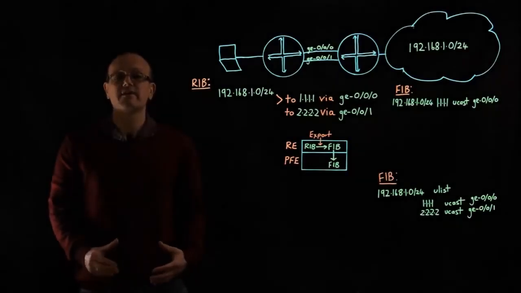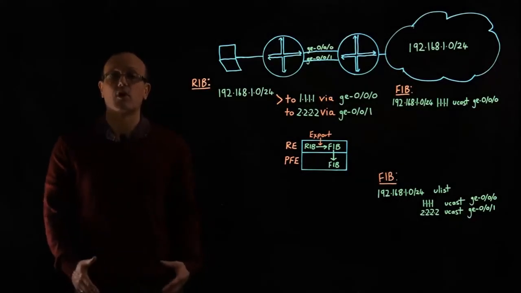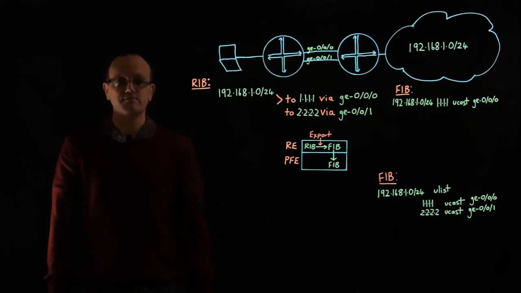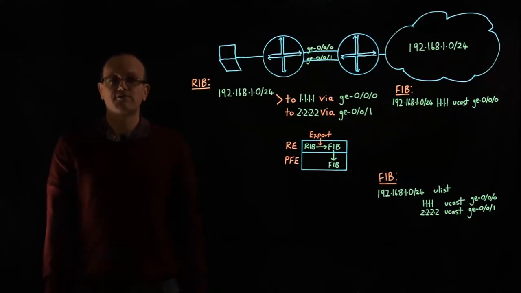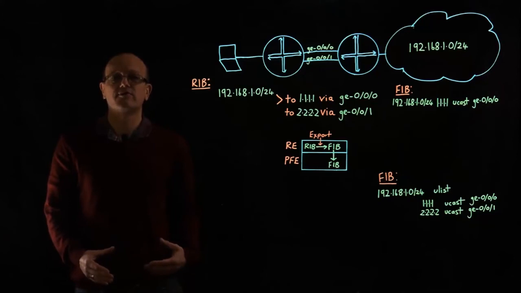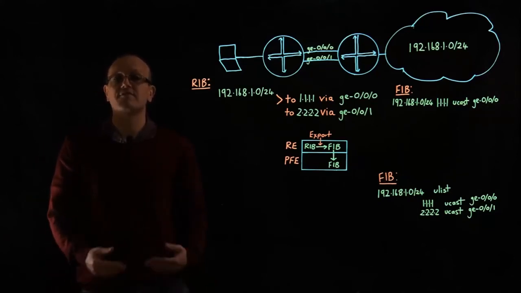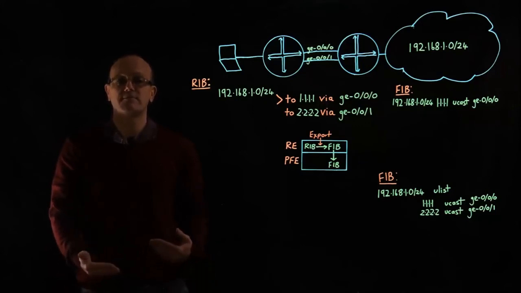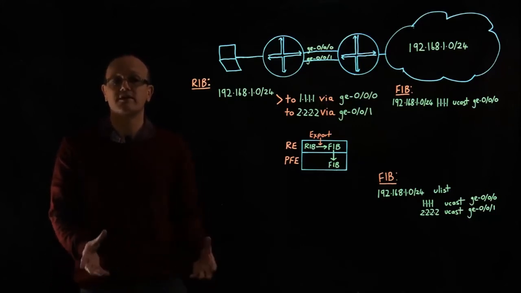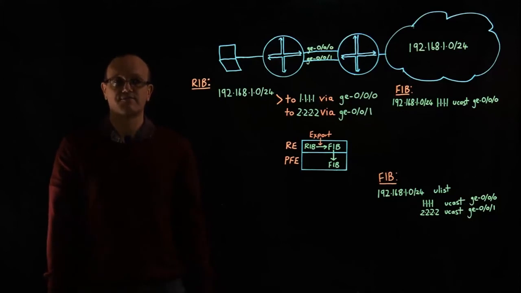In this section, we're going to take a look at load balancing on Juniper devices. In a typical network deployment, it's highly likely that you're going to encounter scenarios where you have multiple paths that have the same cost, the same IGP metric, between two router pairs.